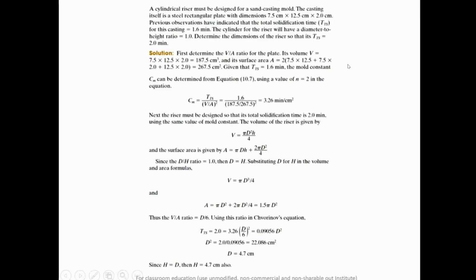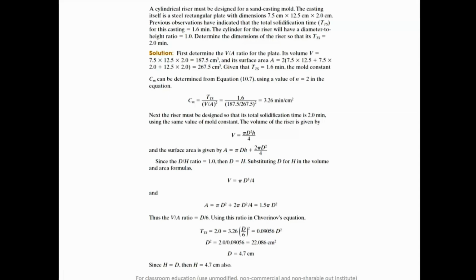Previous observations have indicated that the solidification time for this casting was 1.6 minutes. While designing the riser, you have to fix one of the dimensions, either diameter or height. So they have considered that the cylindrical riser will have a diameter to height ratio of 1.